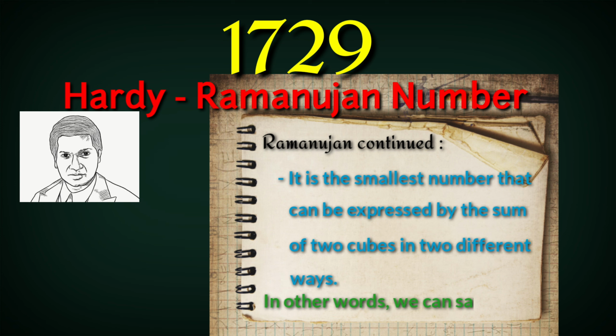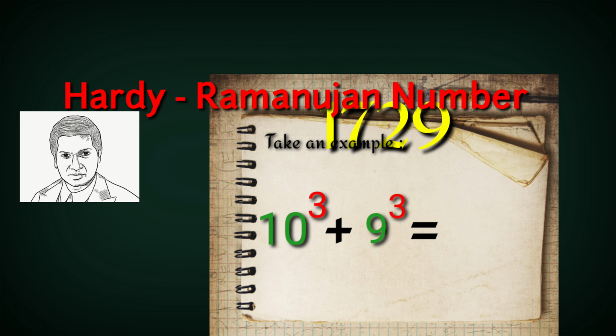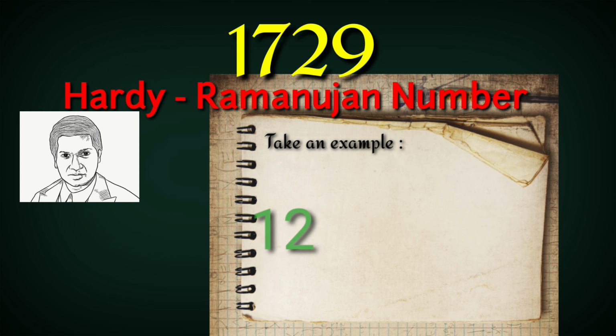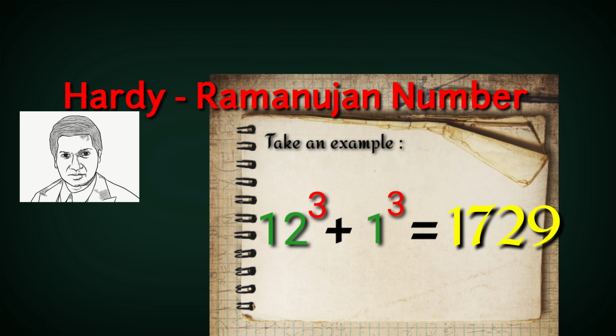Take an example: the cube of 10 and the cube of 9. If we sum them, we get 1729. Similarly, if we take the sum of the cube of 12 and 1, again we get the value 1729. This is the specific number which was discovered by Ramanujan.